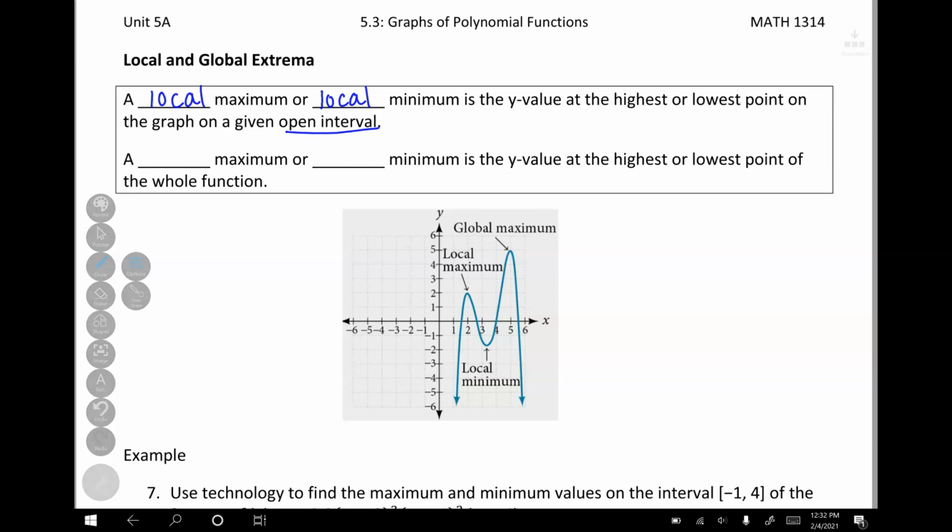So open interval meaning you're not including the endpoints of the interval. And so on some interval, the local maximum would be the highest point on that specific interval. The local minimum would be the lowest point on that specific interval.